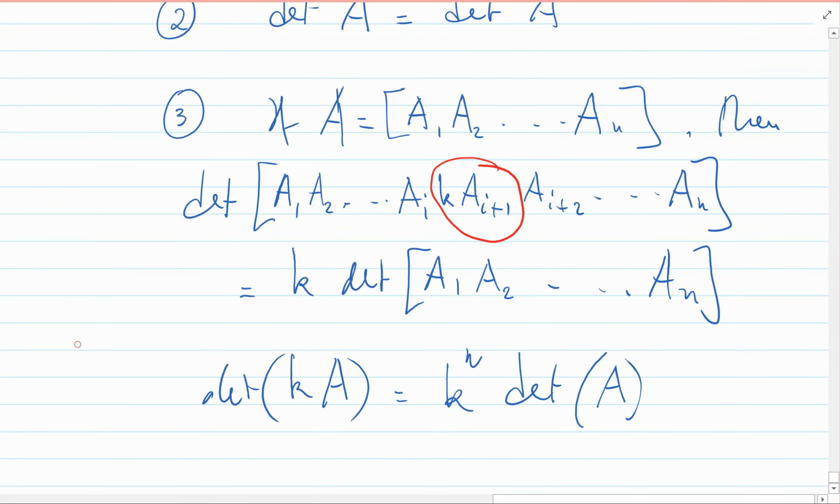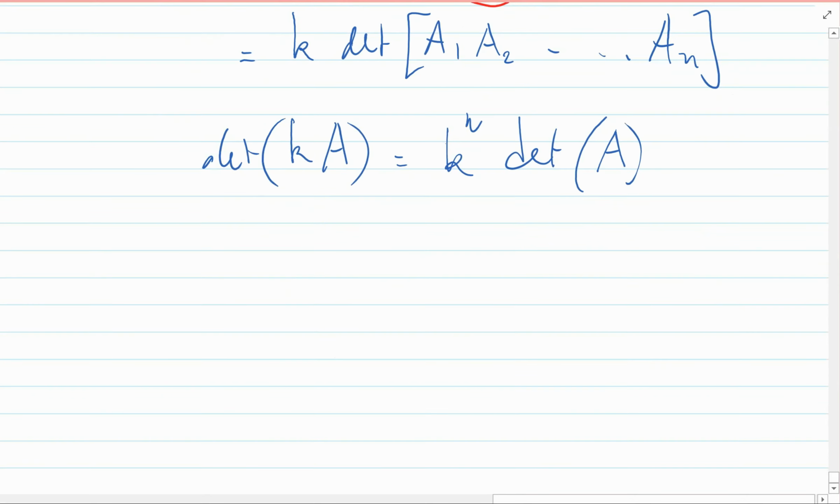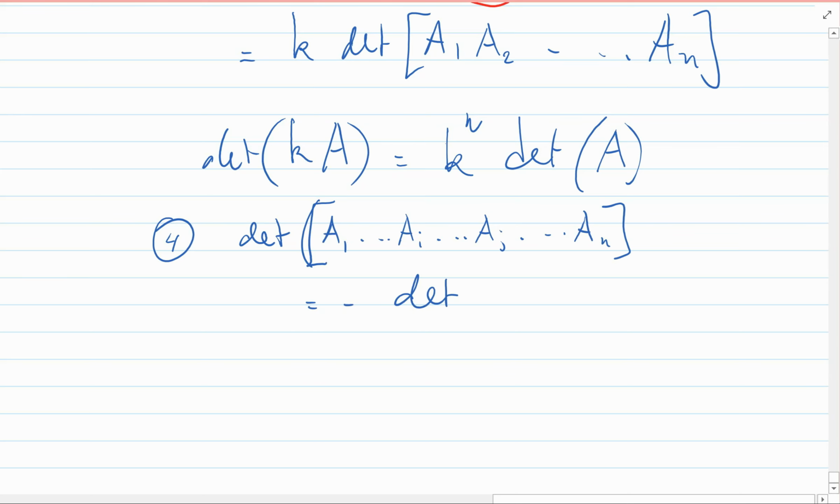Next, what happens if we exchange columns? Here we have the determinant of A1, ..., Ai, ..., Aj, ..., An. And what happens when we interchange Ai with Aj? If you do that, you will have a minus coming out.